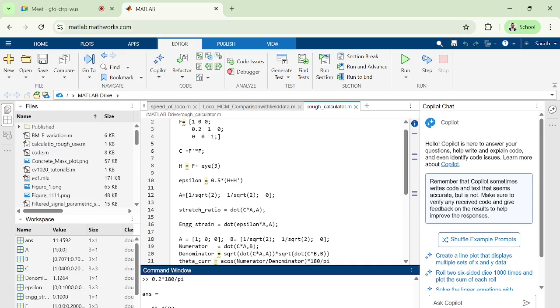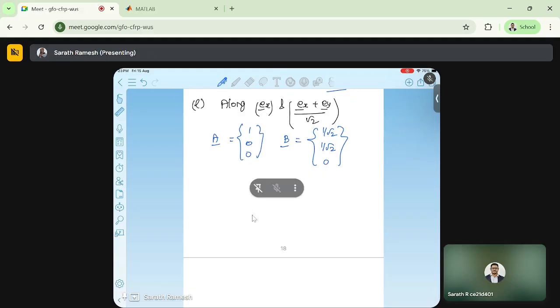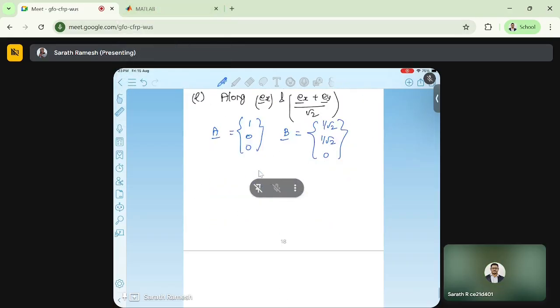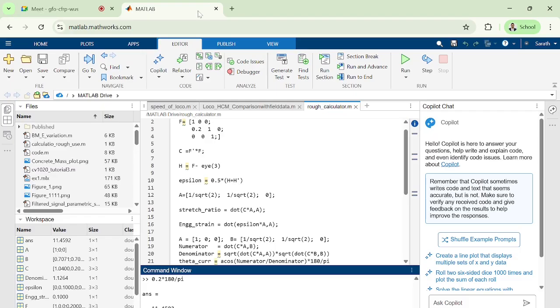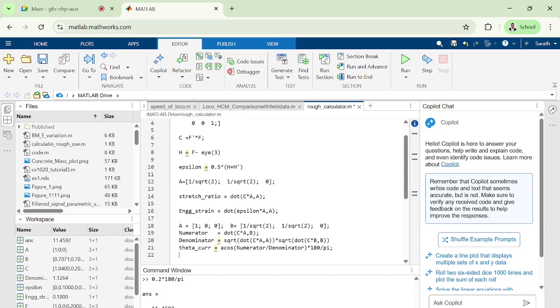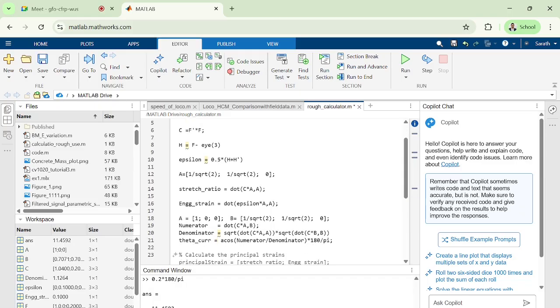Now, let's use MATLAB for this. So we have to find gamma.